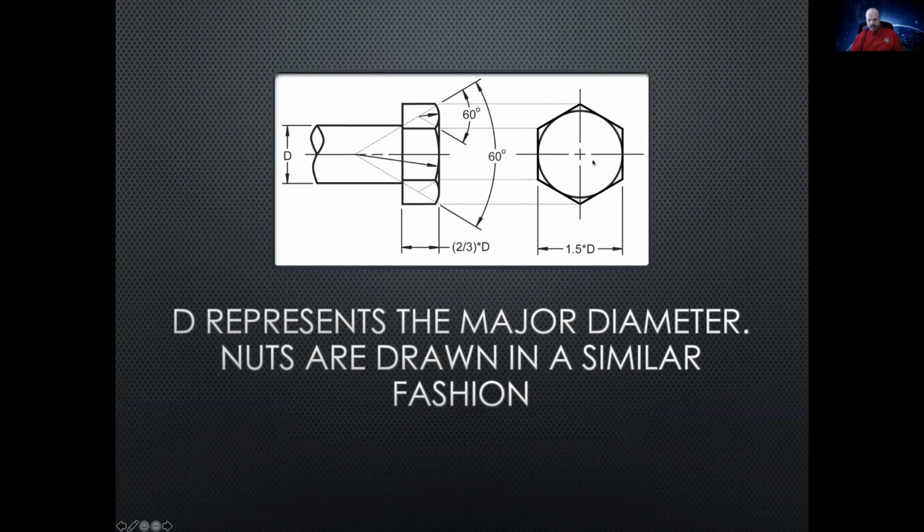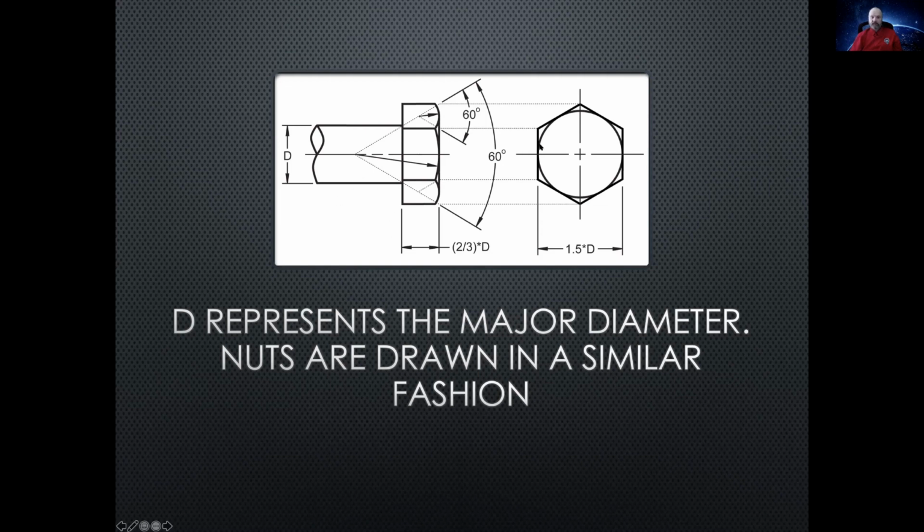So typically the width of the bolt or the hex head is 1.5 times the major diameter of the bolt. Okay, you want it a little bit bigger. Okay, the bolt thickness, the part that's on top, that thickness is going to be 2/3 the diameter typically.